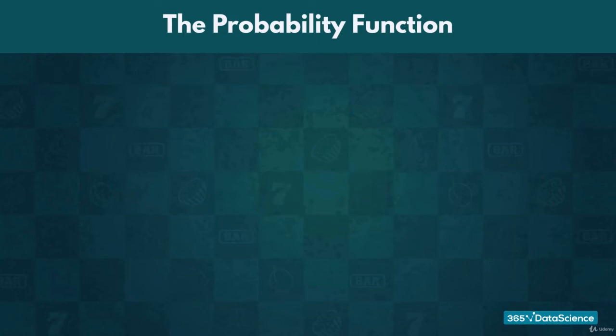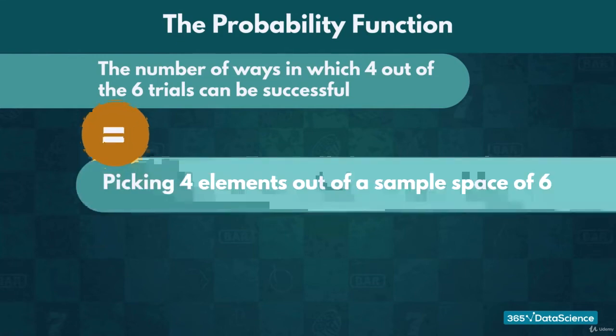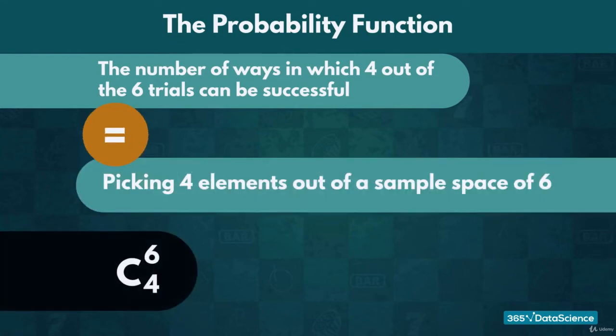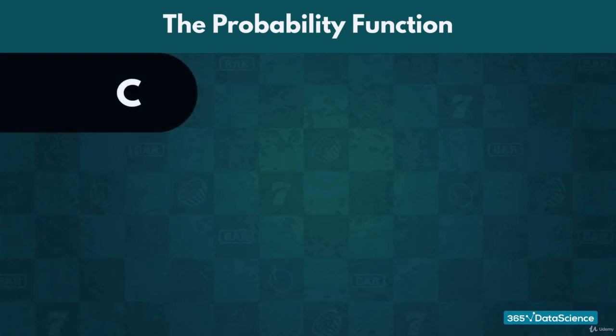For instance, if we wish to find out the number of ways in which 4 out of the 6 trials could be successful, it is the same as picking 4 elements out of a sample space of 6. Now you see why combinatorics are a fundamental part of probability. Thus, we need to find the number of combinations in which y out of the n outcomes would be favorable.